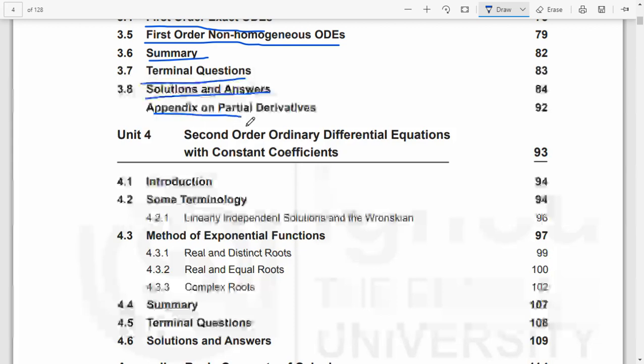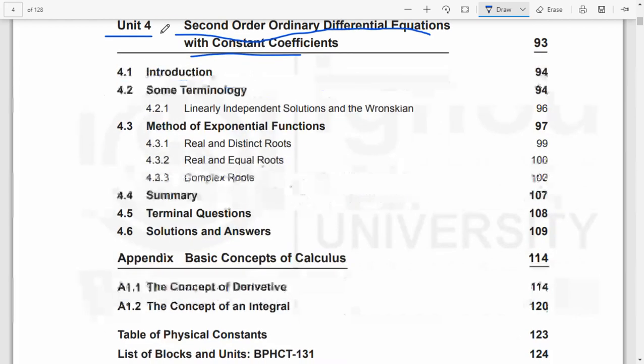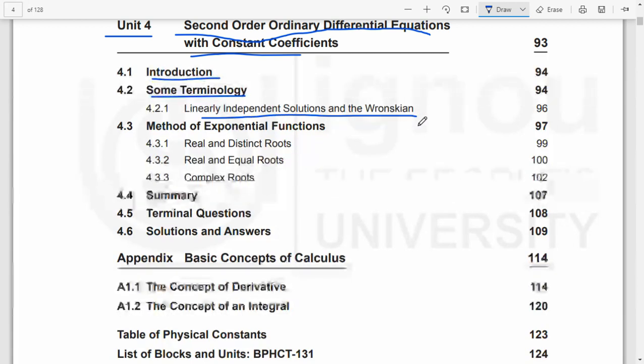Appendix on partial derivatives. Unit 4: Second order ordinary differential equations with constant coefficients. Introduction. Some terminology. Linear independent solution and the Wronskian, method of exponential function. Real and distinct roots. Real and equal roots.